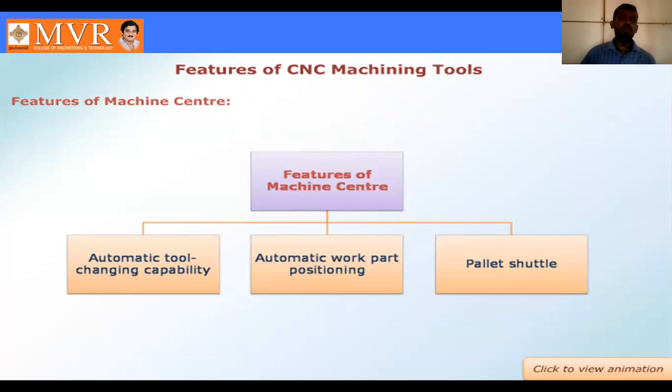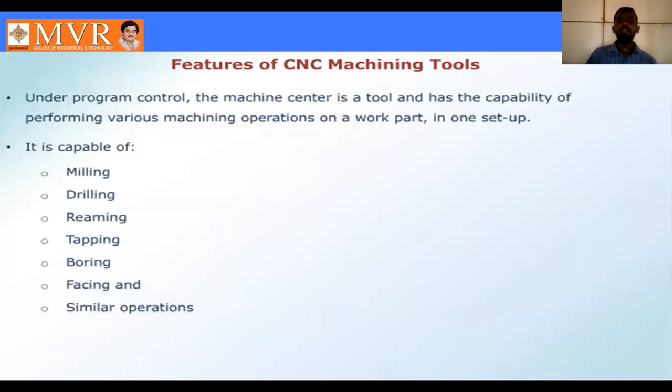They include automatic tool changing capability, automatic workpiece positioning, and pallet shuttle. The machining tools are capable of milling, drilling, reaming, tapping, boring, facing, and similar operations. These are the various machining operations on a workpiece in one step.